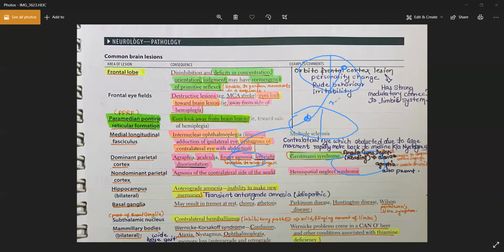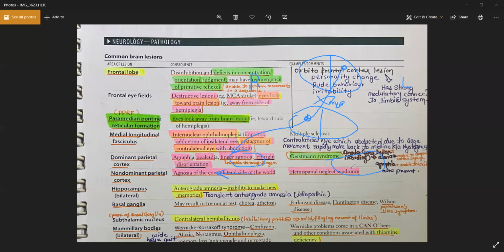These fibers are the MLF, right? If the MLF got damaged, the signal cannot be transmitted to my eye, to my midbrain, and as a result, let's suppose this is your left side and this is your right side, you will get the contraction of your right eye, but you won't get the contraction of your left eye. And as a result, this eye will move, but this eye stays there.